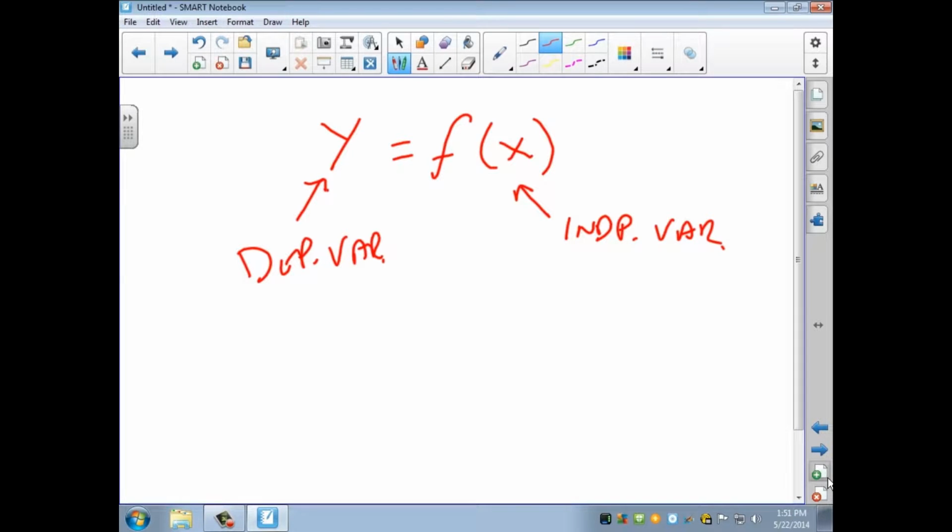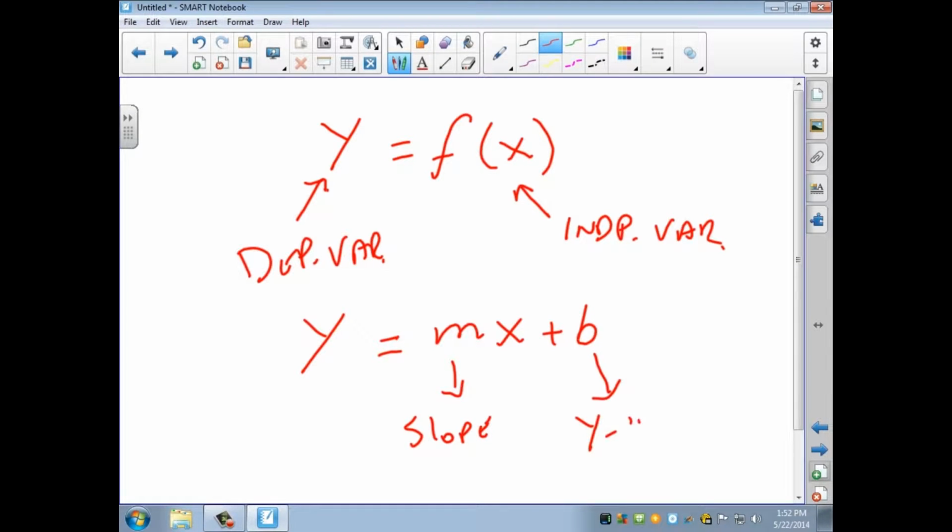Now this relationship can be linear or it can be nonlinear. A linear form of a function would be like y equals mx plus b, where m is the slope of the line and b is the y-intercept. Okay, so when you graph this, you're going to get a straight line.